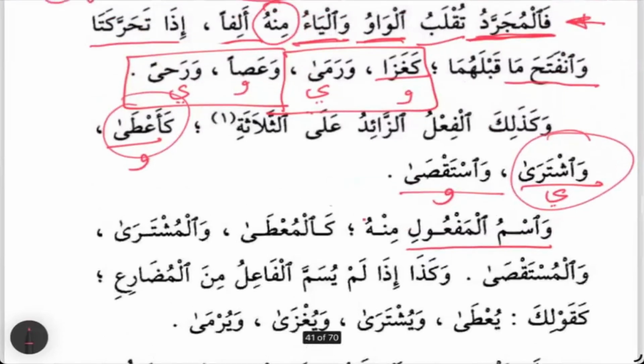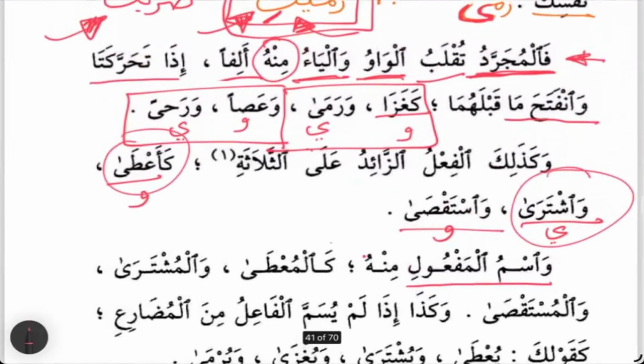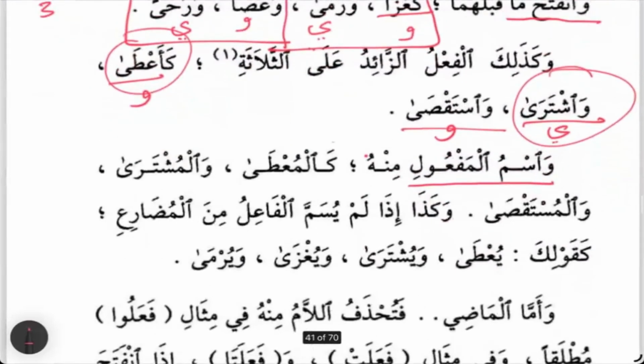He didn't go to the name of the doer though. So what cases did he give us? He gave us fi'lun madin mujarrad, thulathi mujarrad, merely three letters with no extra letters. Then he gave us thulathi mazidun fihi, what has more than three letters? Same rule.